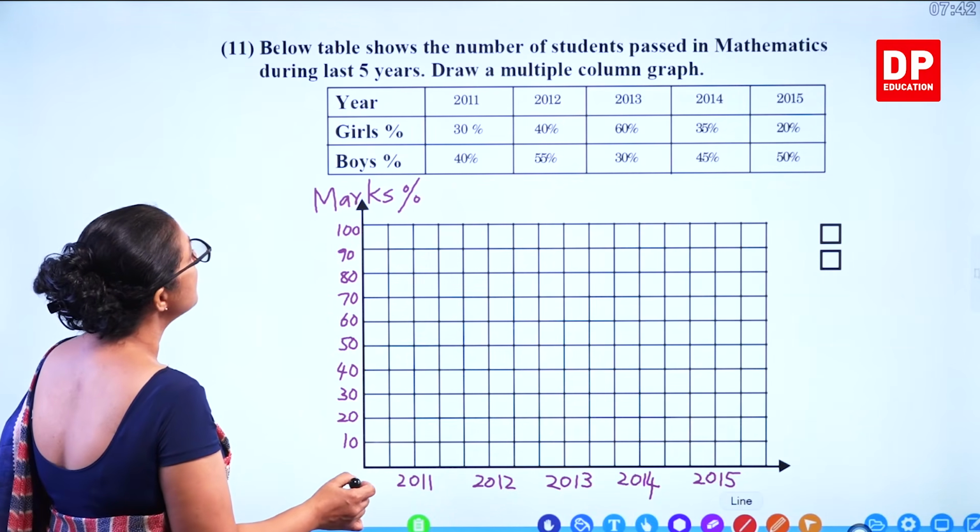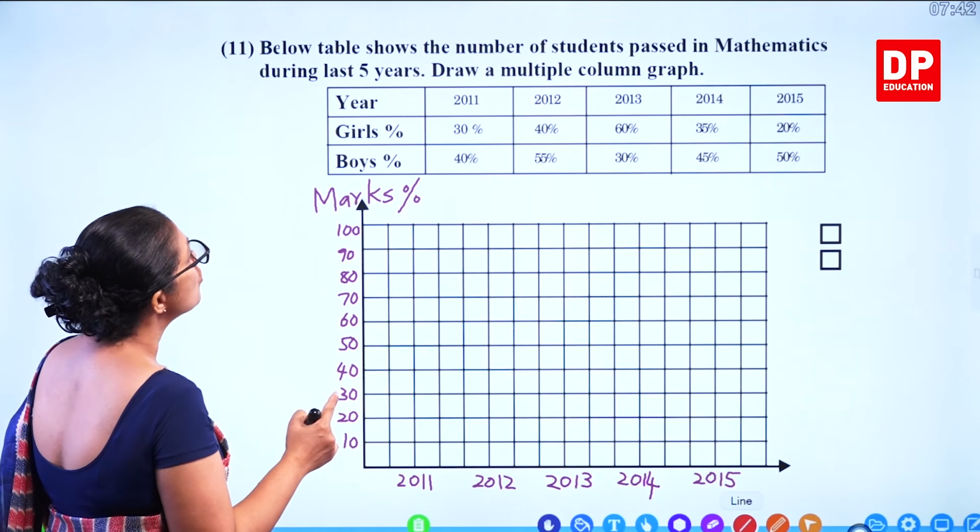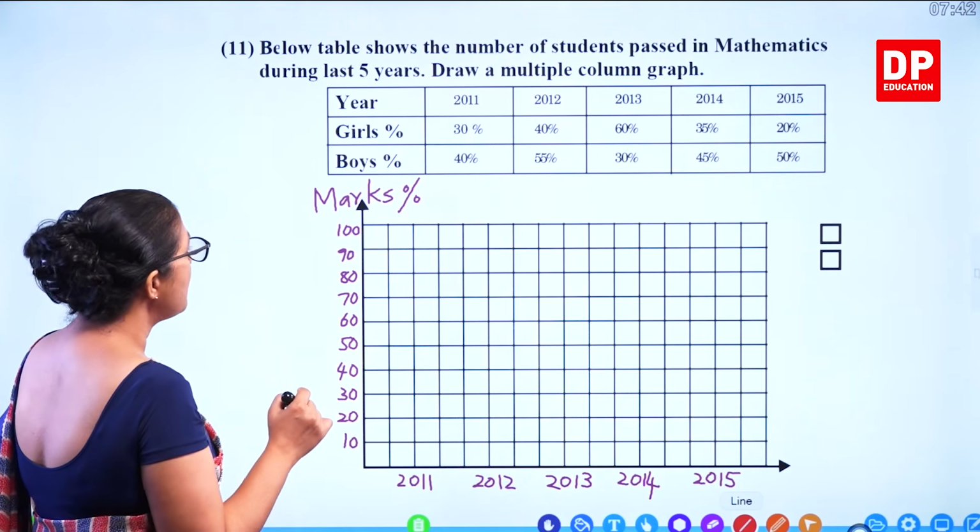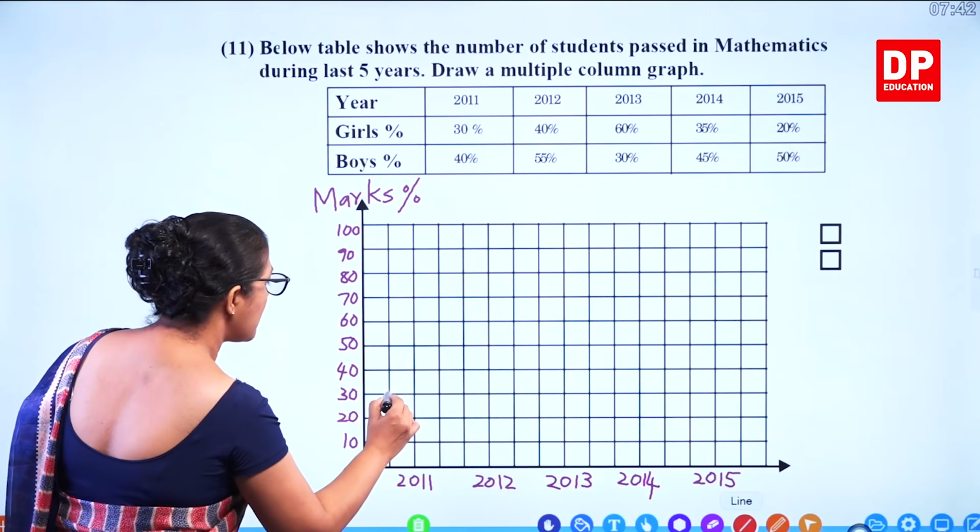We'll take first percentages for girls, 30%. So 30 is here.